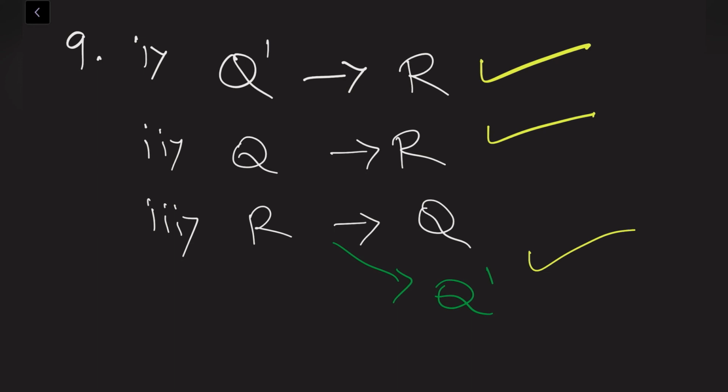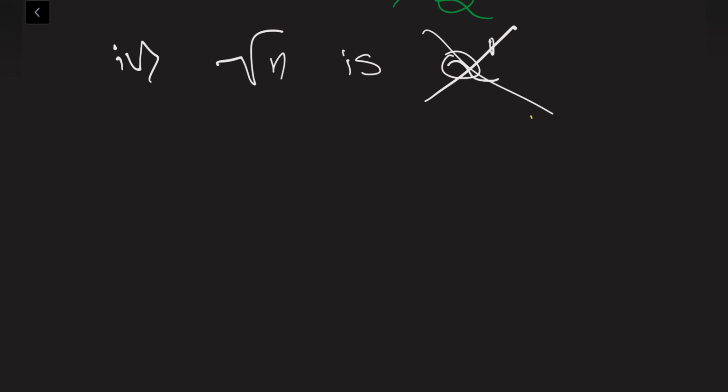Next, the fourth one: root n is not rational if n is a perfect square. Not irrational is nothing but rational only.